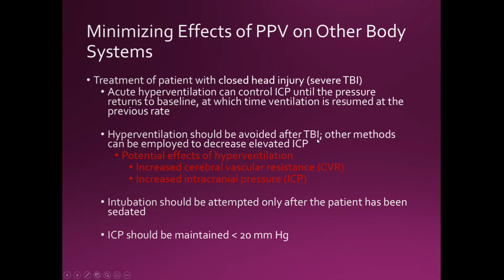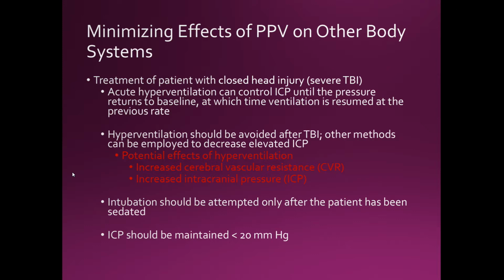Hyperventilation can be avoided after traumatic brain injury. Other methods can be employed to decrease elevated ICP. All right. When I hyperventilate the patient, I have to be cognizant of a couple of things. Number one, the increased cerebral vascular resistance. If I increase my cerebral vascular resistance, it's going to take more pressure to circulate through the cerebral vasculature, so I'm going to have to increase the work.